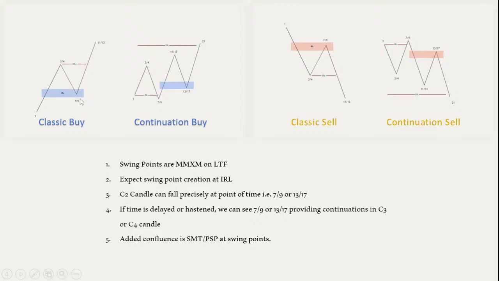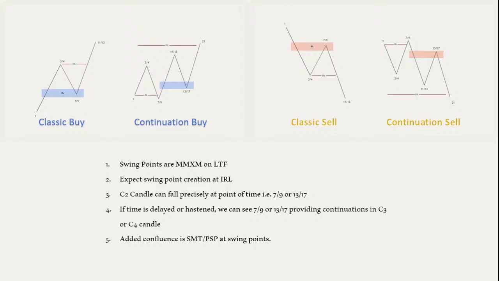I have written 7 and 9 here and 13 and 17 here. If you count the candles from this low and you get 7 or 9, there is no 8, there is 7 or 9.